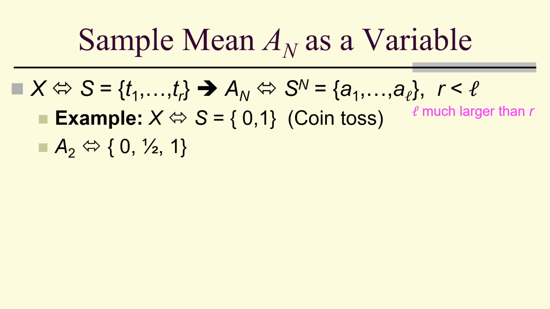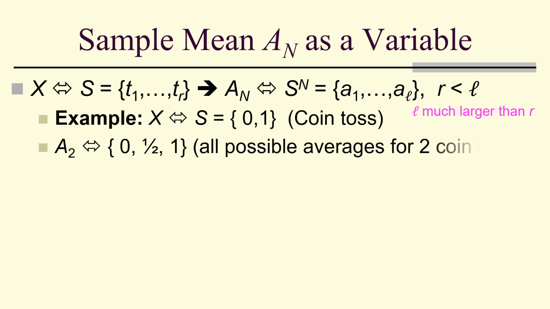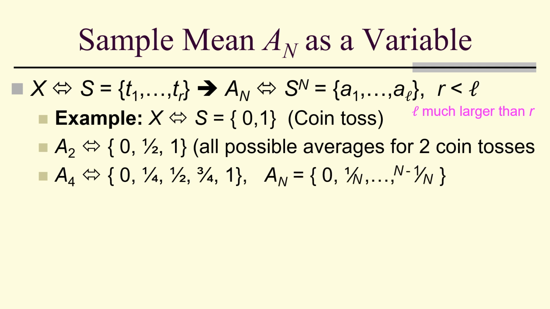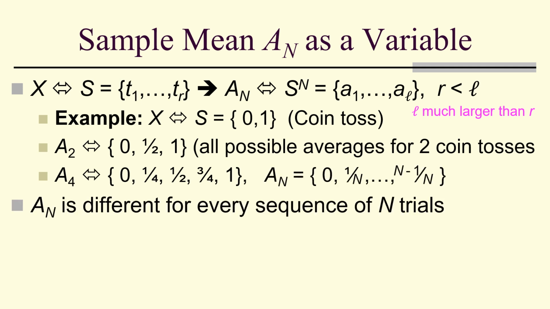You could get both tails, which would be 0, a heads and a tails, which would average a half, and both heads, which would be an average of 1. Same thing, A4 would be associated with all possible averages you could get from tossing a coin 4 times, and so on and so forth.